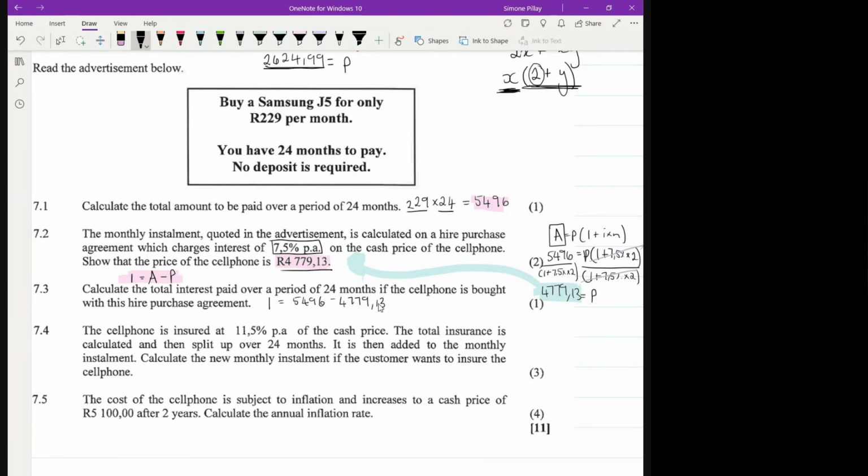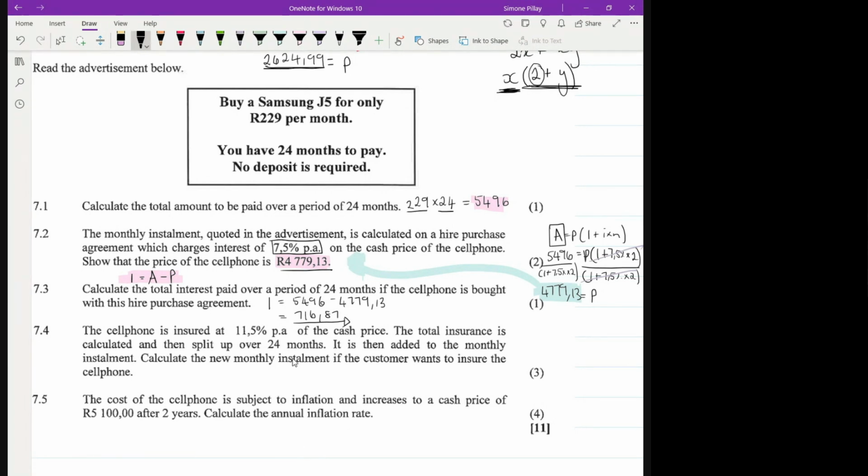What are we getting? Let's see. I have an amount of 716 Rand 87 cents. So that is going to give me the interest that I've paid on this phone.